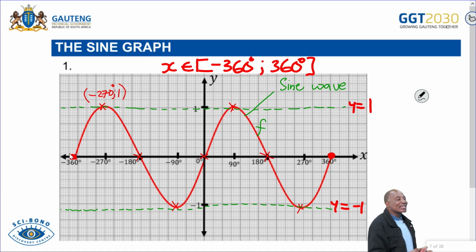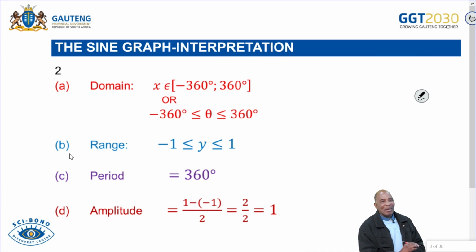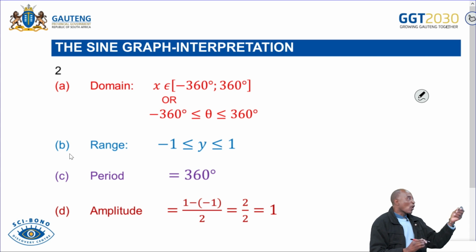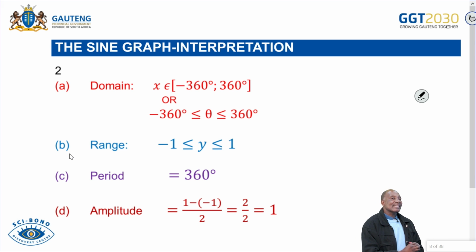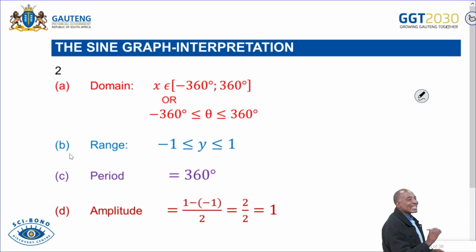So having drawn this graph, what are the observations that we are making? We'll go back. Our domain is x is an element of negative 360 to 360 degrees. And since it starts exactly at negative 360 and ends exactly at 360, we lock the ends by shading the last point. It shows that we are including both ends. So in terms of interval notation, we use a square bracket.